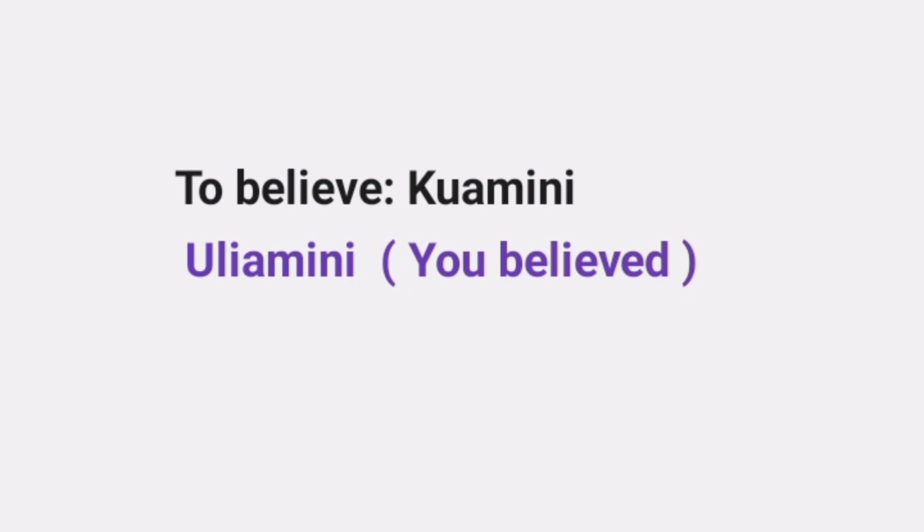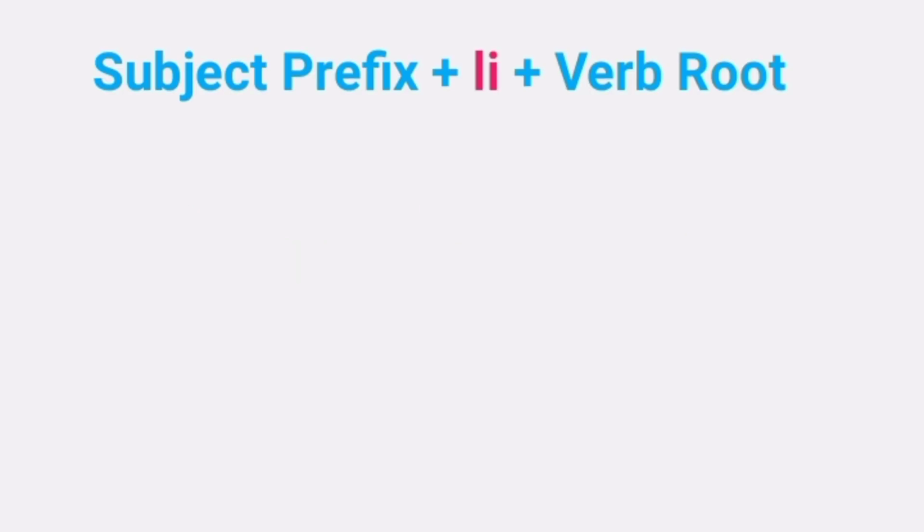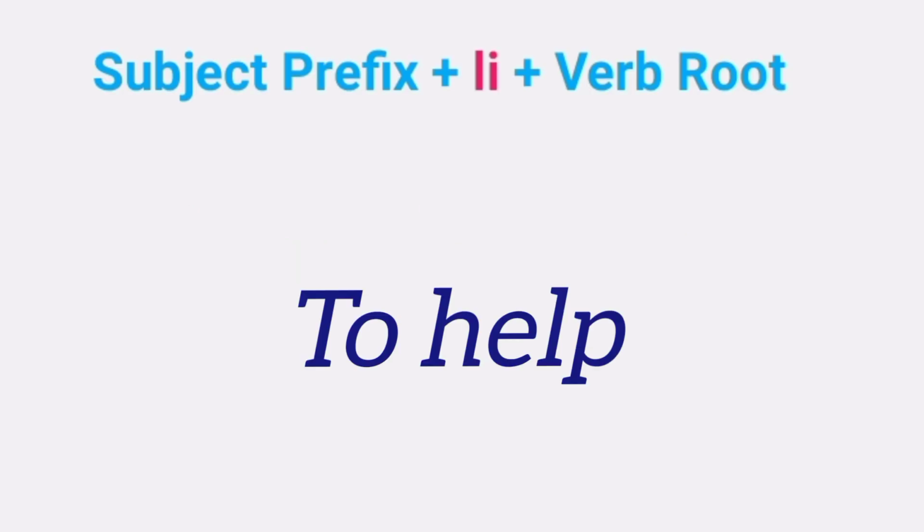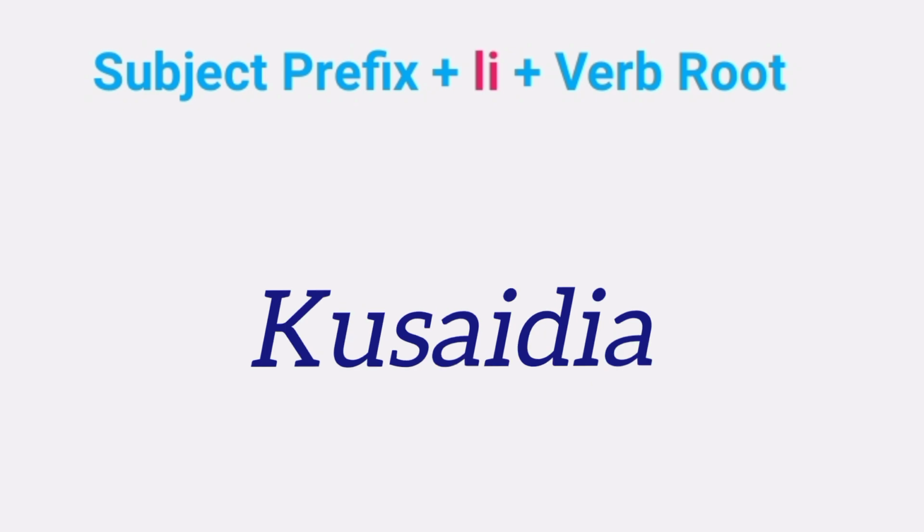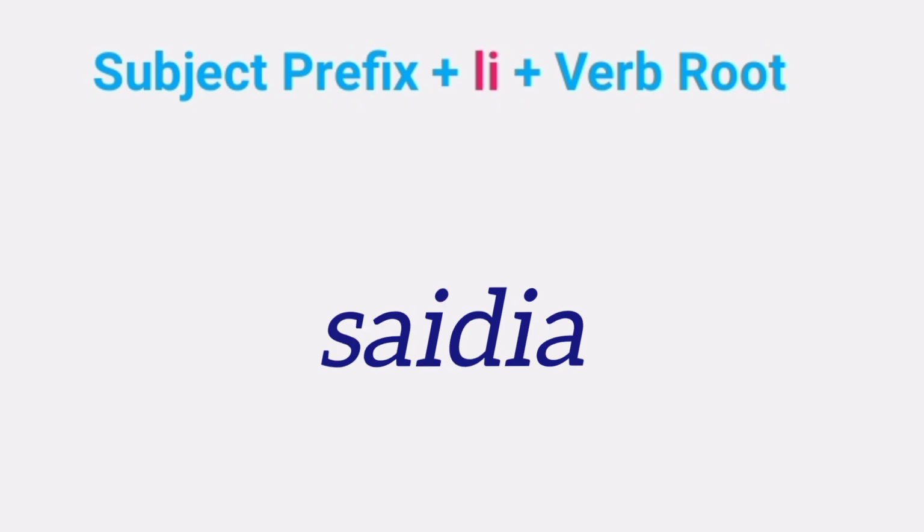Another example with the third singular personal pronoun, he or she. Let's conjugate the verb to help. To help in Swahili is kusaidia. The verb root is saidia. You drop the ku.